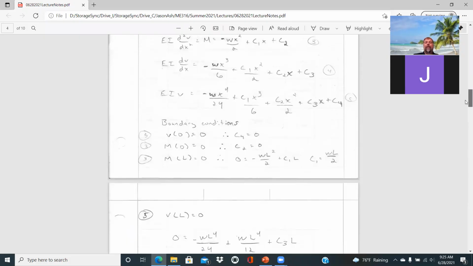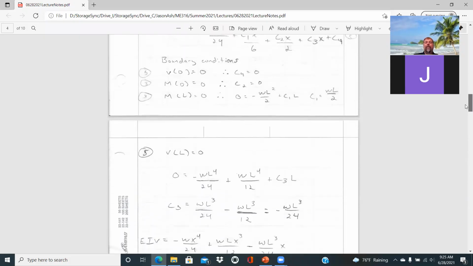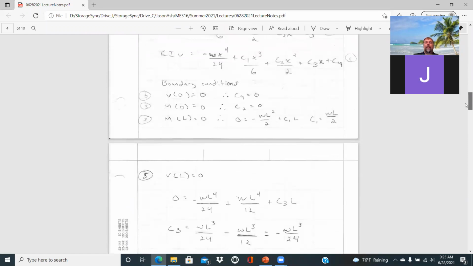Then we can move on to equation 5 and V of L equal to 0. I'm going to slide that back up so we can see everything. And so we have 0 on the left-hand side. Plugging in L, we have minus WL to the 4th over 24 plus C1, which is WL over 2, times 6 will give us 12.